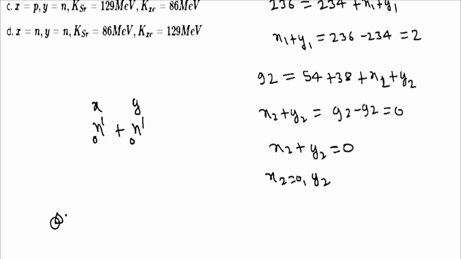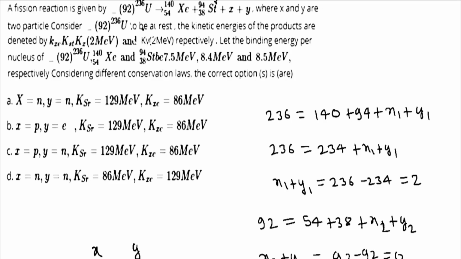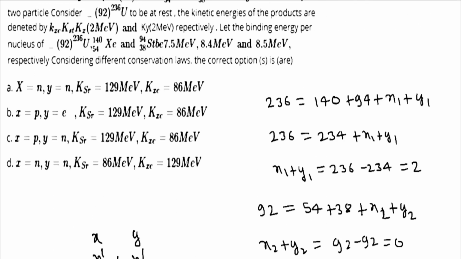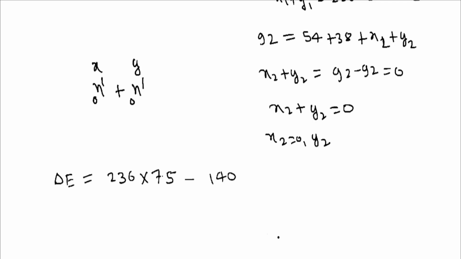So delta E is equal to 236, the number of nucleons, times the binding energy of uranium, which is 7.5, minus 140 times 8.4 for the Xe atom, so 8.4, clear?